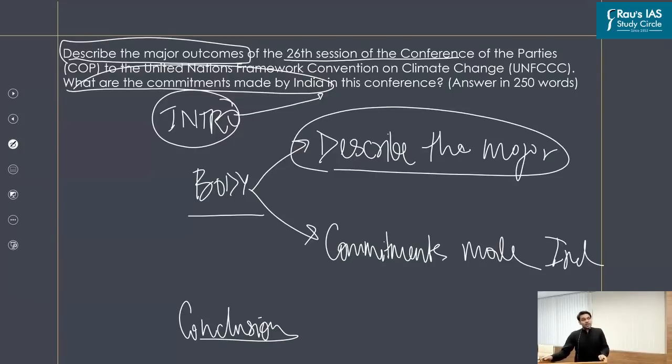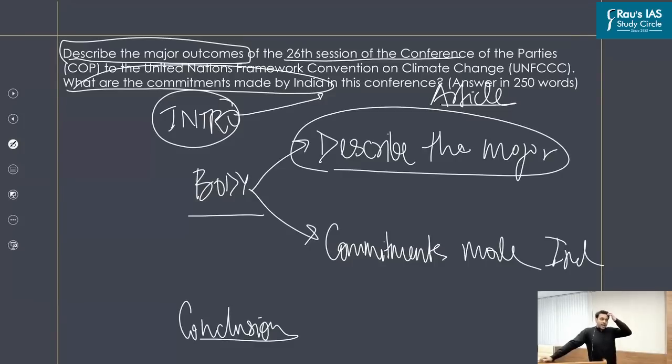But apart from that, you can also tell the examiner the importance of the Glasgow Summit or the COP26. You see, since the finalization of the Paris climate deal, it has been more than 5 years. And Article 6 of the Paris climate deal, which is about the rule book of the carbon market, was still not final until we had the Glasgow Summit.